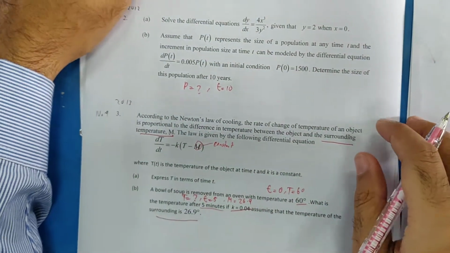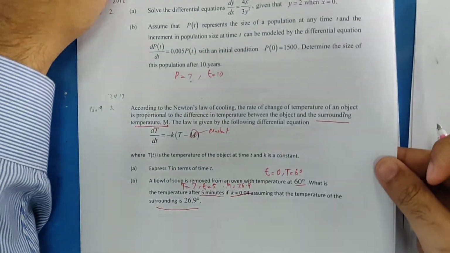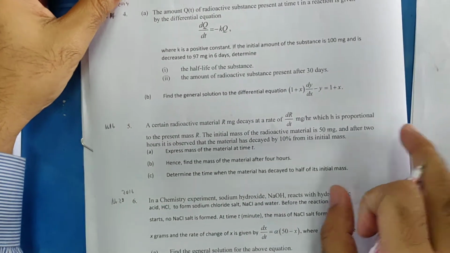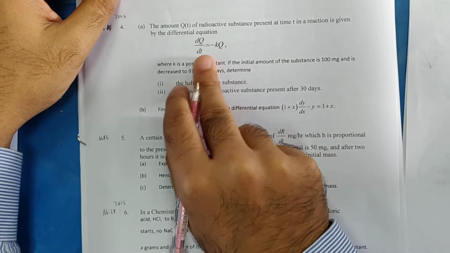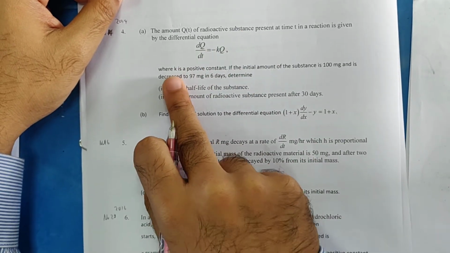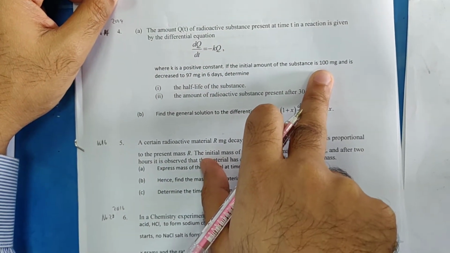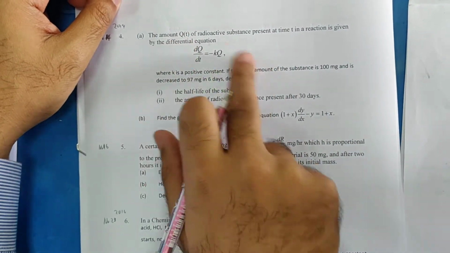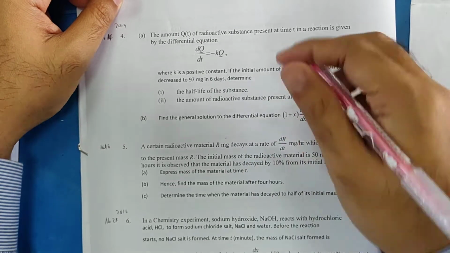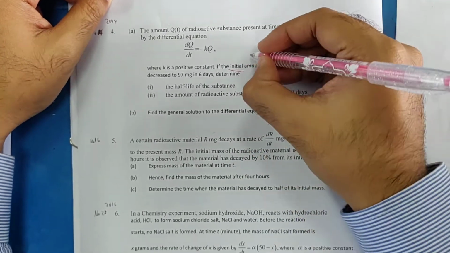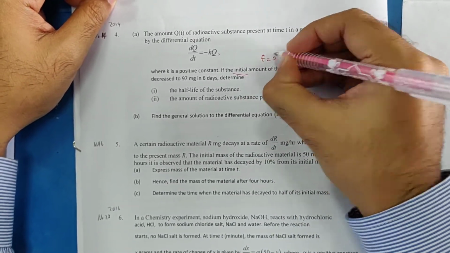Okay, let's try other questions. Let's say the Q here. It says that k is constant, and the initial substance is 100 gram. So Q is the amount. Initial substance: as we know just now, the word initial will always mean t equals 0.